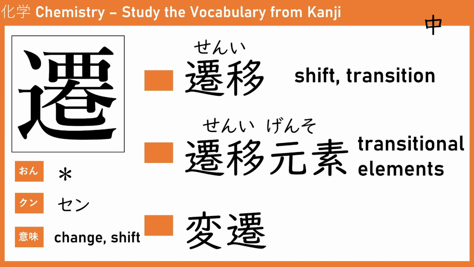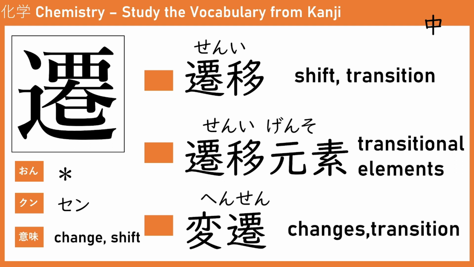The next one is hensen. Hensen literally means changes, transition. Because the kanji hen is kawaru. It also means to change, changes.